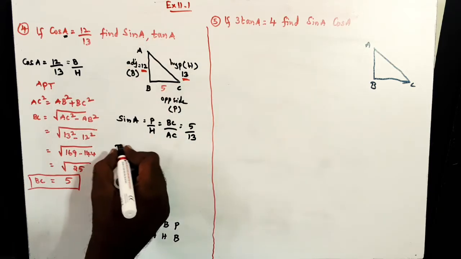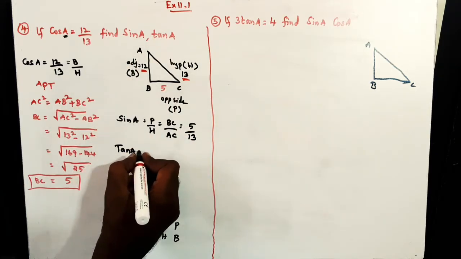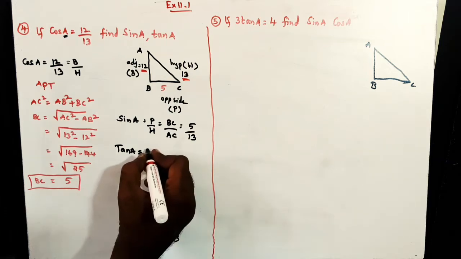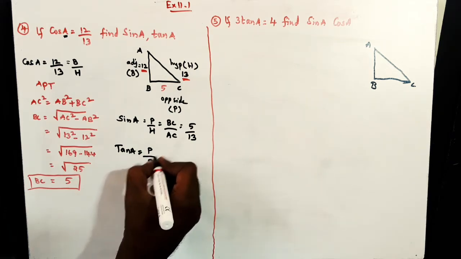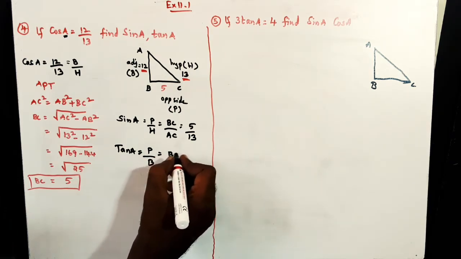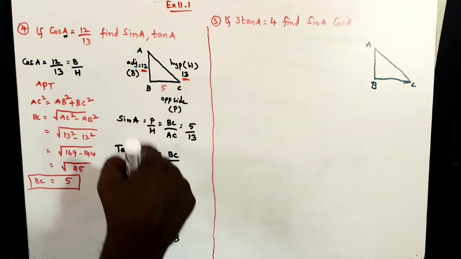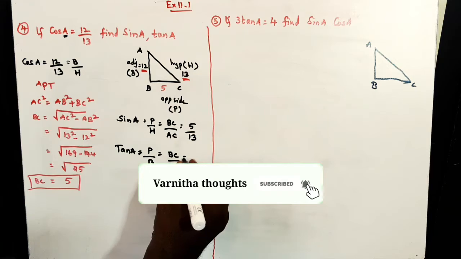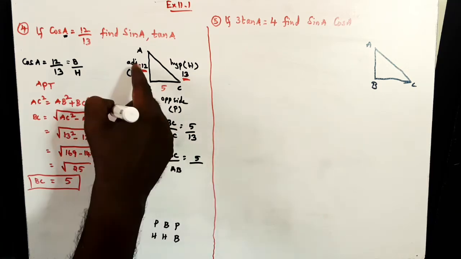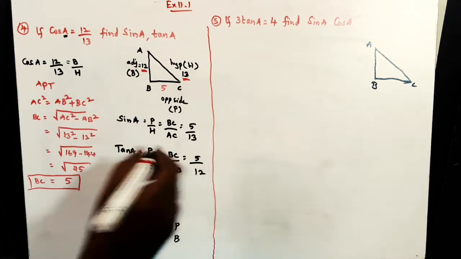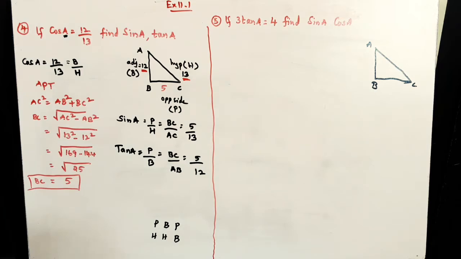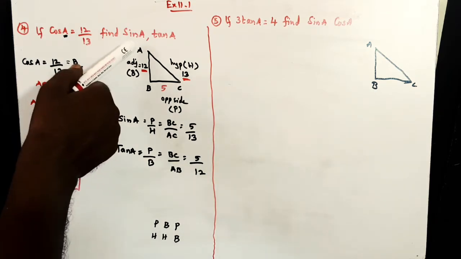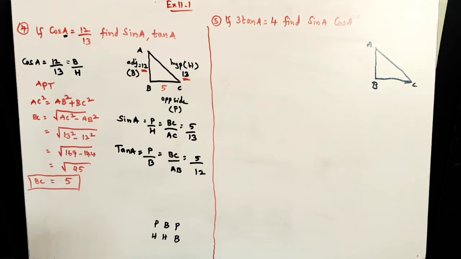Similarly tan A. Tan A means P by B. P is BC, B is the base AB. BC is equal to 5, AB is equal to 12. So like this we can find the trigonometric ratios regarding either A or C.